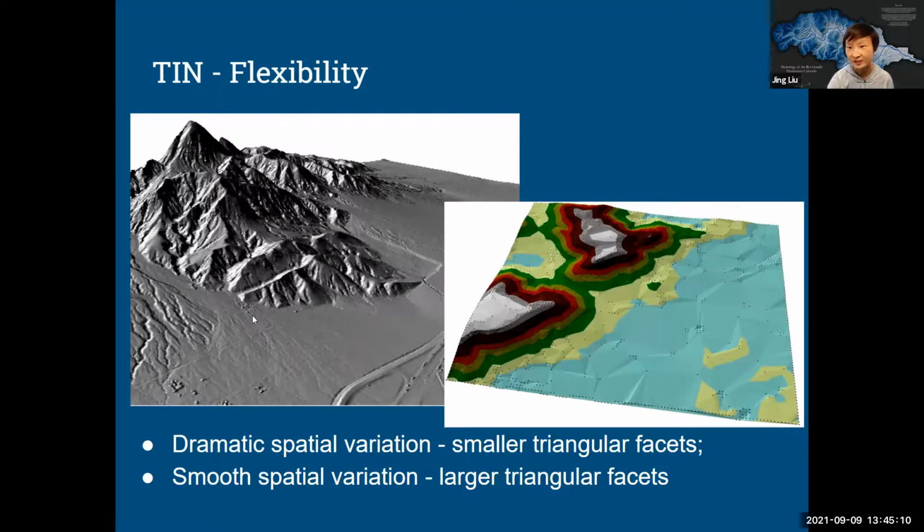You record the elevation in those pixels. All these pixels have the same information, right? That actually is a waste of space. You only need a very fine or smaller pixel size for those mountainous areas, but not for those flat surfaces. But in the raster data model, because you have to use a uniform size, the file size is very large, but not in the TIN model.